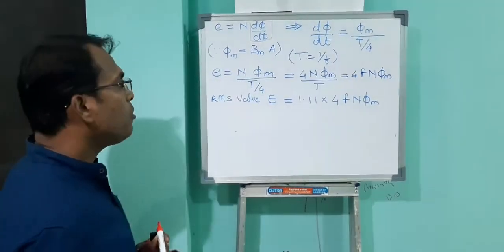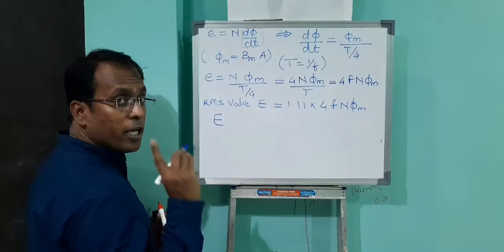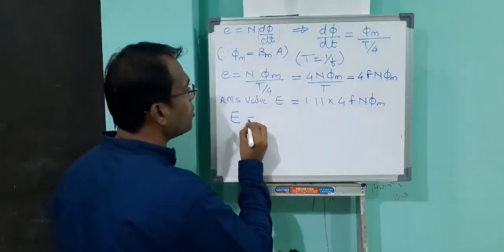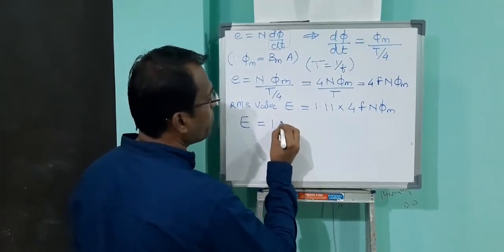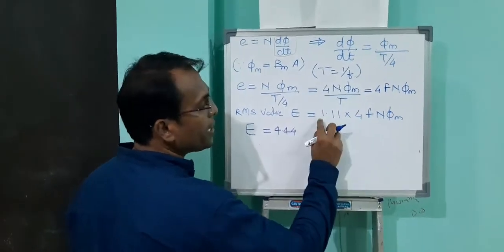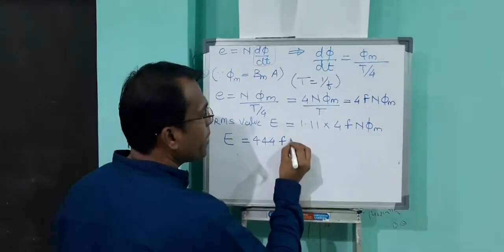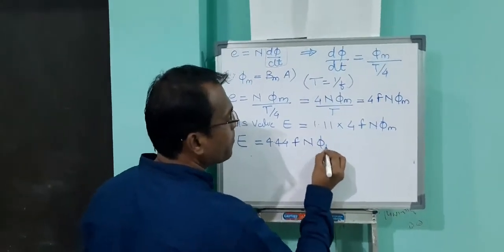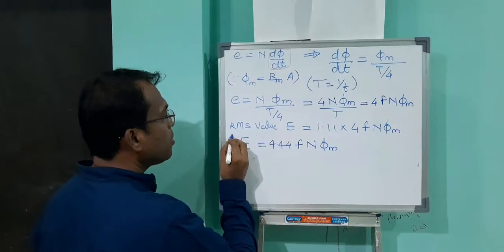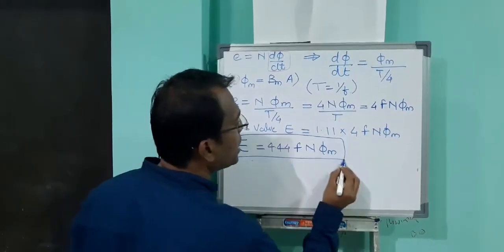Okay, so therefore your induced EMF in case of transformer, E is equals to 1.11, that means 4.44, because you have to multiply this 1.11 into 4, so 4.44 f phi m. So this is the induced EMF across the transformer.